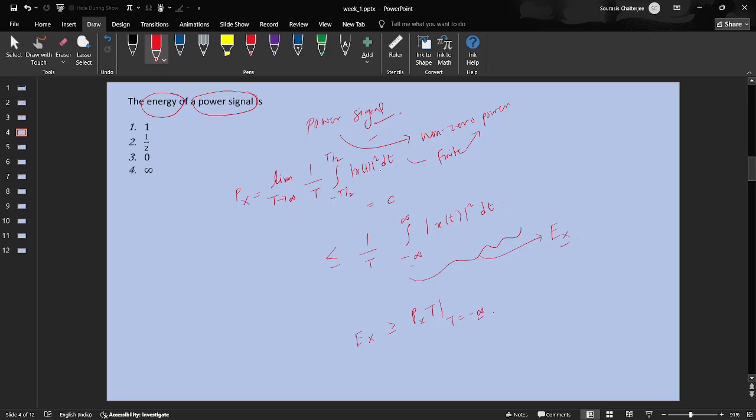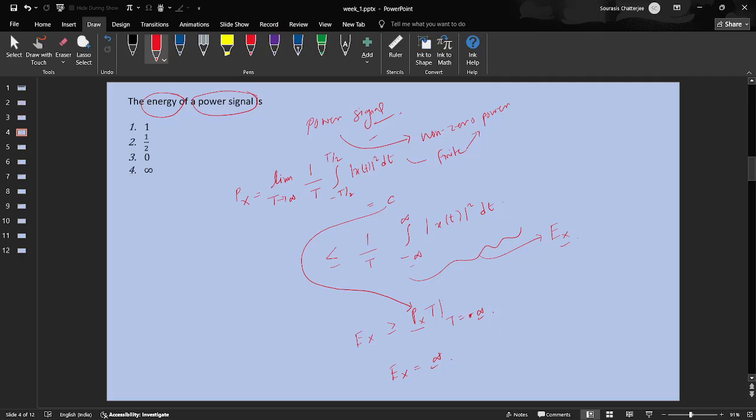So basically we have already discussed the power. You mentioned it's non-zero and finite, so some non-zero finite number times T, where T goes to infinity. So essentially your energy is infinite. Again, quite similar but at the same time opposite argument.